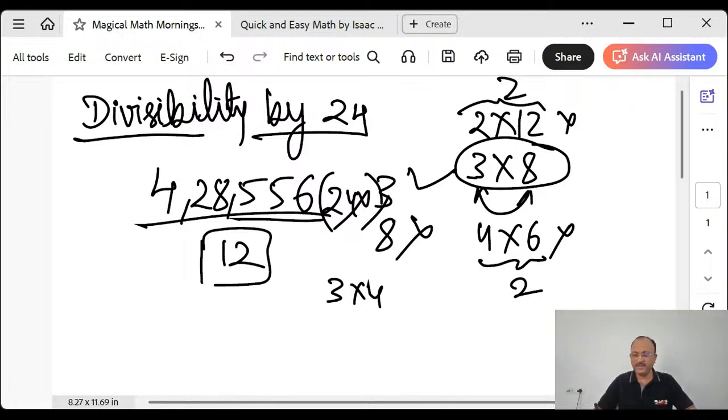Yes for yes, n for no. It's not divisible by 12, someone is typing no. This number is divisible by 3, already we checked. Only check with 4. Last 2 digits, 56. 14 4s are 56. How can it come no? It is divisible by 4 also, 3 also. Correct? That's why it is divisible by 12. Okay? We should be doing very fast.